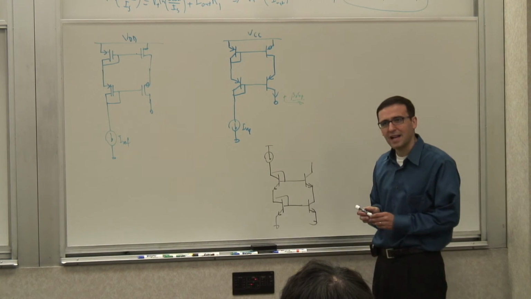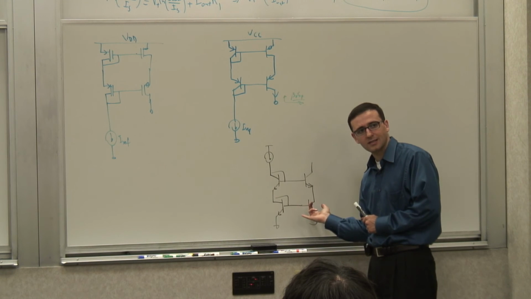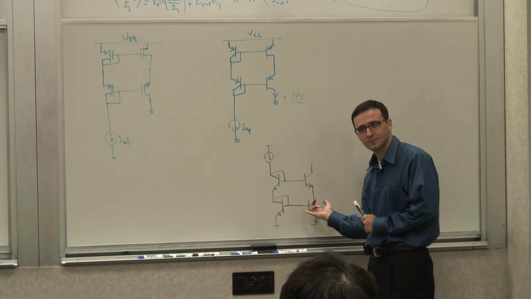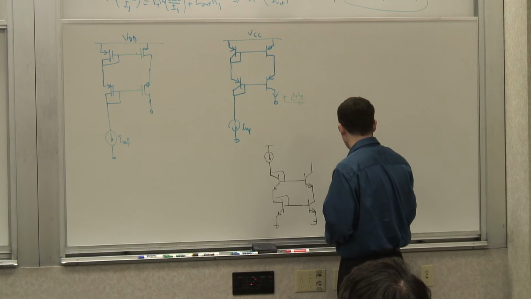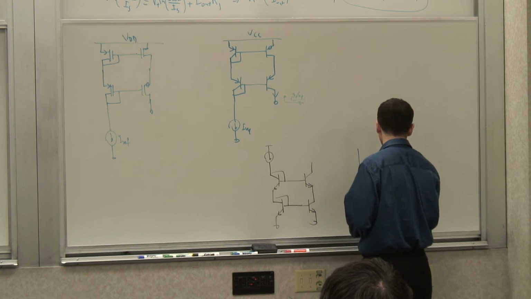Now, I could actually, instead of doing this, swap the transistor here on the lower branch that's diode connected. And now, if you do that, you have a current source that looks like this. And it's called the Wilson current source.